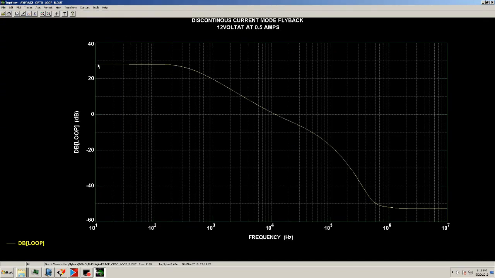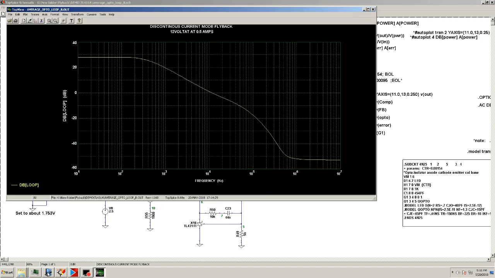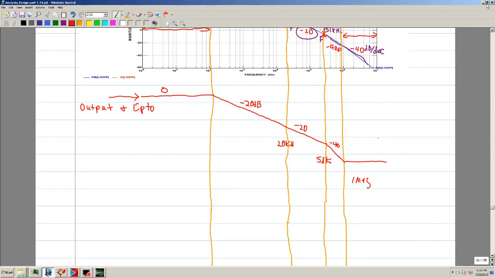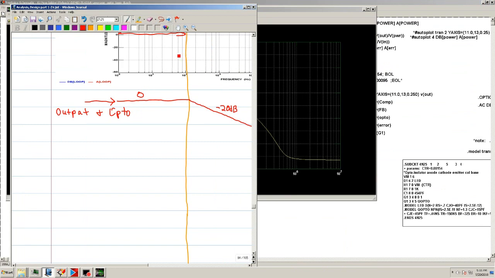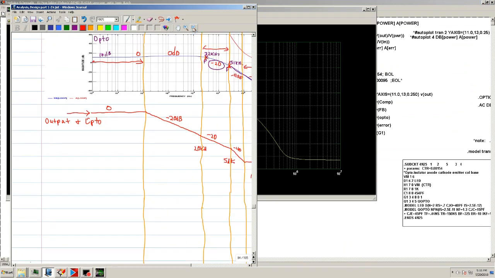Okay, so if you notice, see if we can put this together. See if they resemble.